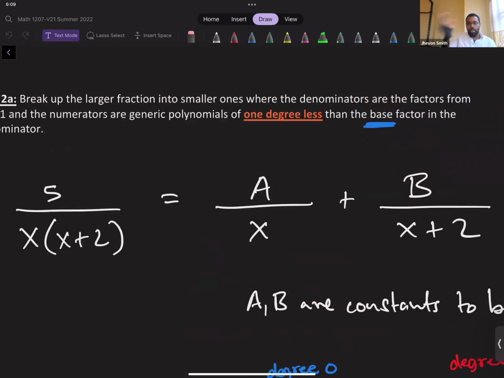One factor is x, one factor is x plus 2. You would break that into two generic fractions with the denominators x and x plus 2. The numerators are generic numerators whose coefficients we need to figure out, so that the two on the right add up to the one on the left, right?